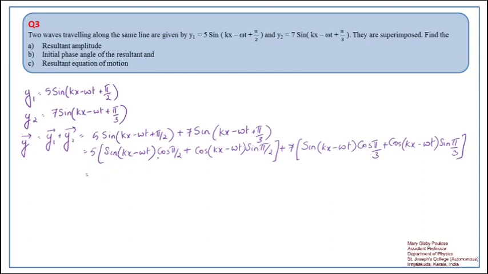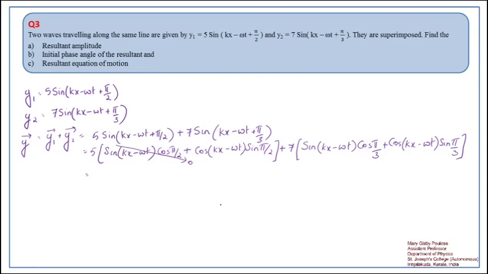Now here we have the term cos π/2. Cos π/2 is 0, hence this term vanishes. Here we have sin π/2, which is 1, so we will have this term. Here we have cos π/3, that is cos 60°, which is 1/2, and sin π/3, that is sin 60°, is root 3/2.